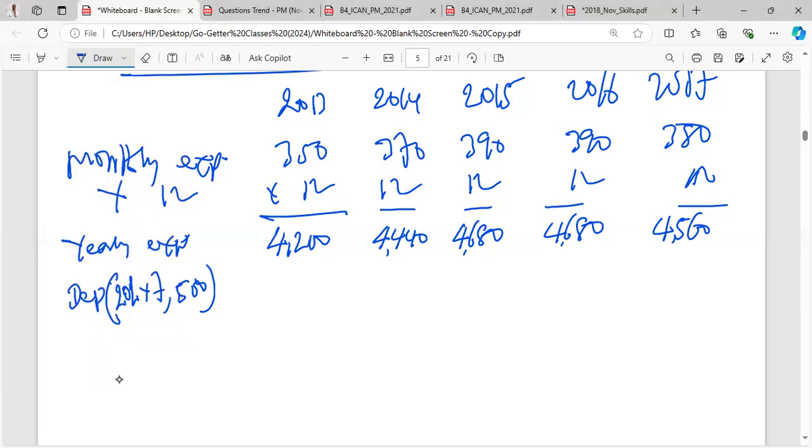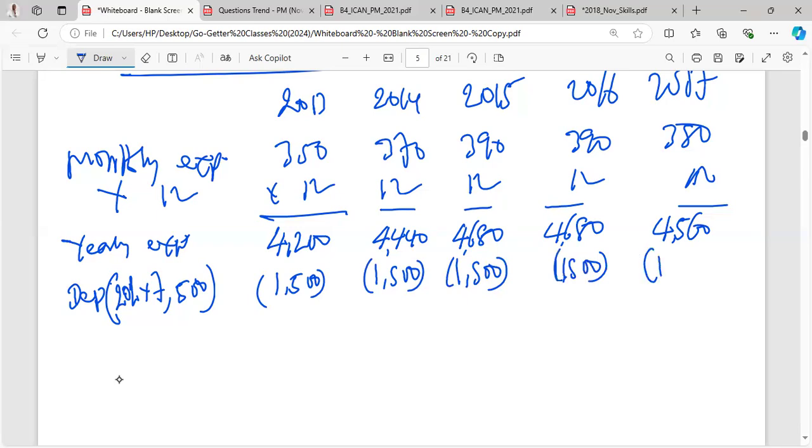So we'll be deducting 1,500 because it's a straight line. Five years, 1,500 each year, which adds up to 7,500. So this 1,500 doesn't involve the movement of cash.